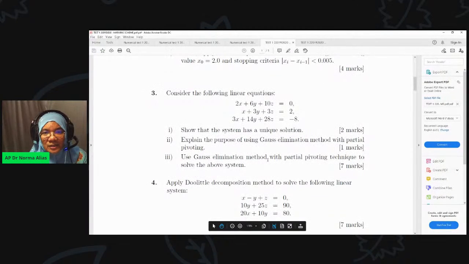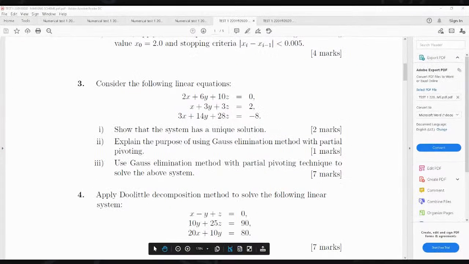Question number 3. You can see here question number 3. They ask you to consider this linear system of equations, and we want to show that the solution is unique.